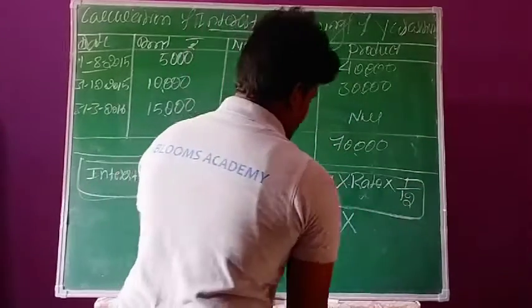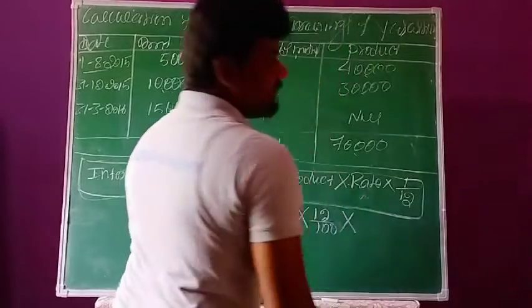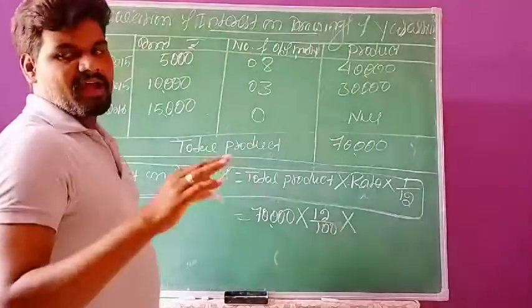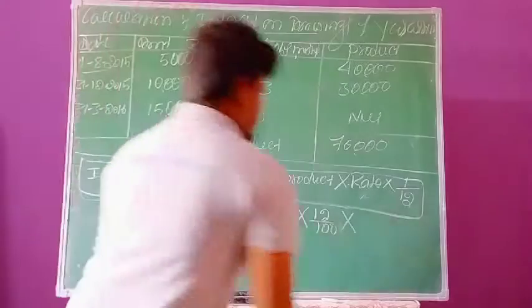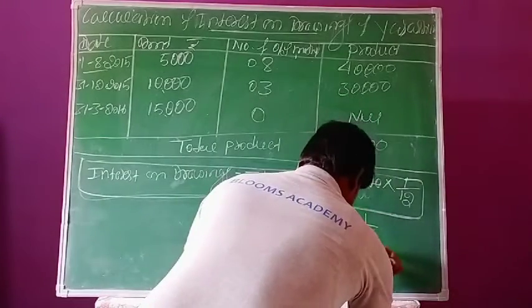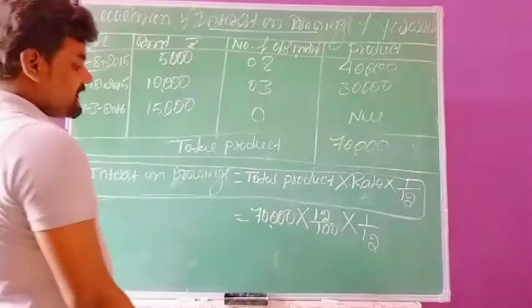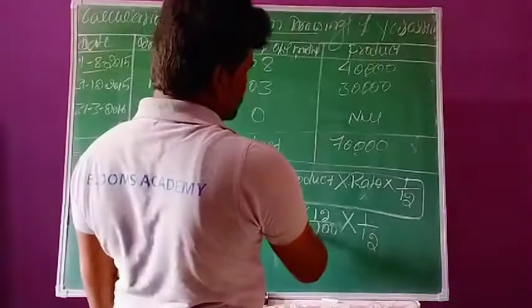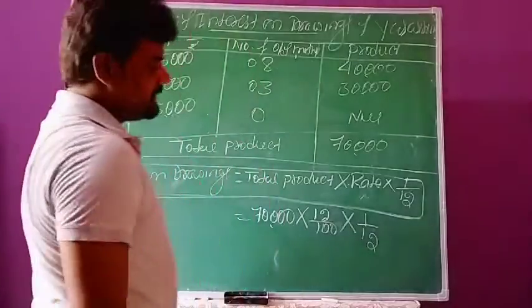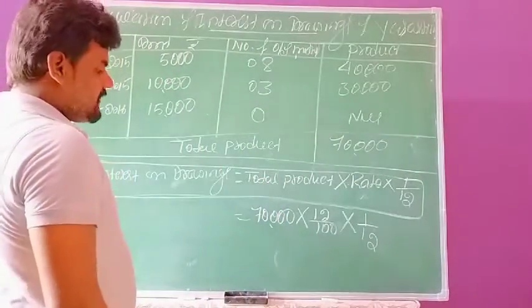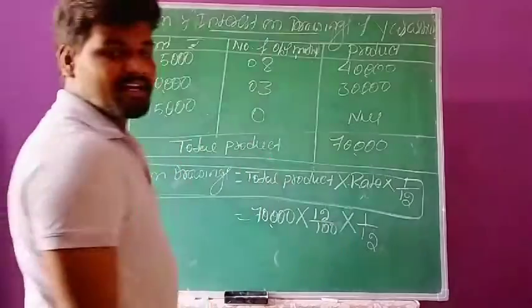This is the constant. We can take 1 month for the calculation of interest on drawings, 1 divided by 12. So now we have to multiply 70,000 into 12% into 1 divided by 12. So now we have to calculate once again.